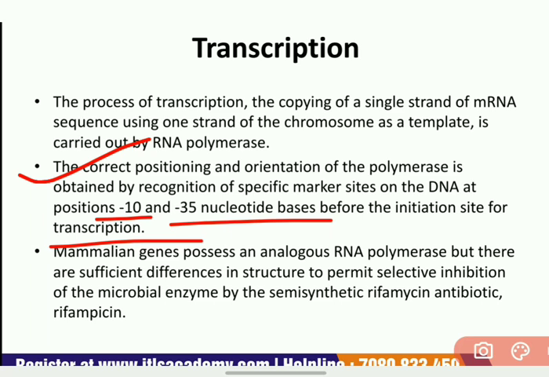The sigma factor is responsible for recognition of the initiation signal for transcription, and the core enzyme possesses the activity to join the nucleotides in the sequence specified by the genes.